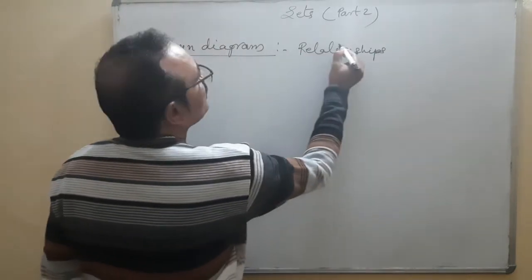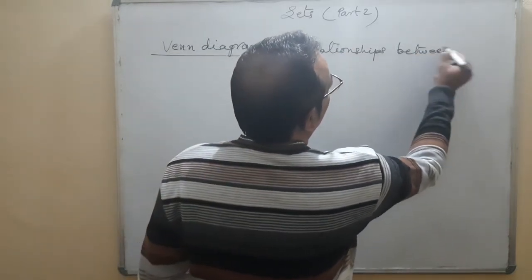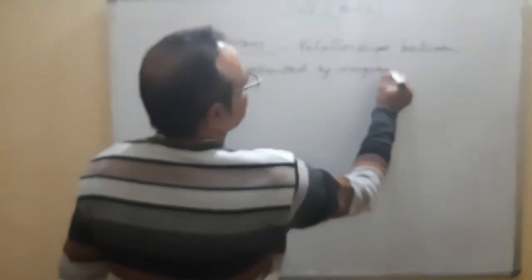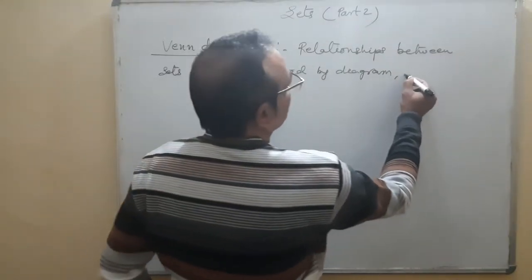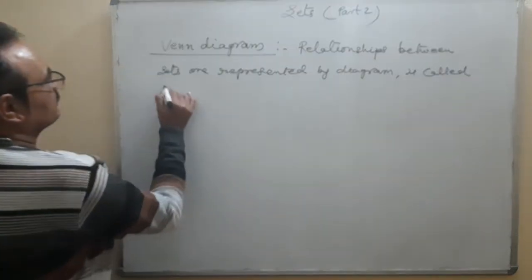Relationships between sets are represented by a diagram, which is called a Venn diagram.